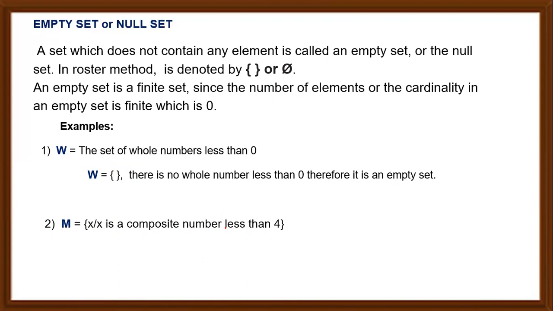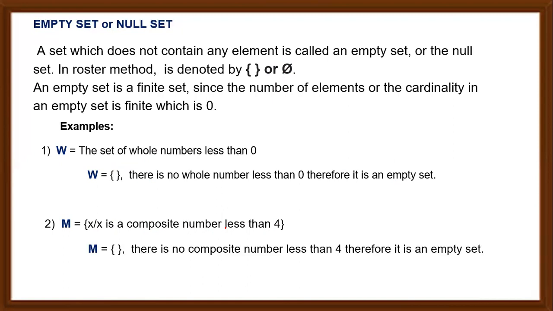Kung mapapansin natin, di ba? Ano ba yung less than 4? 3, 2, 1. Meron ba dong 2 or more factors? Wala. Kaya nga, that is automatic empty. There is no composite number less than 4. Therefore, it is empty or null set. Ganun lang siya kasimple. Susulat nyo lang siya as empty, yung symbol natin.